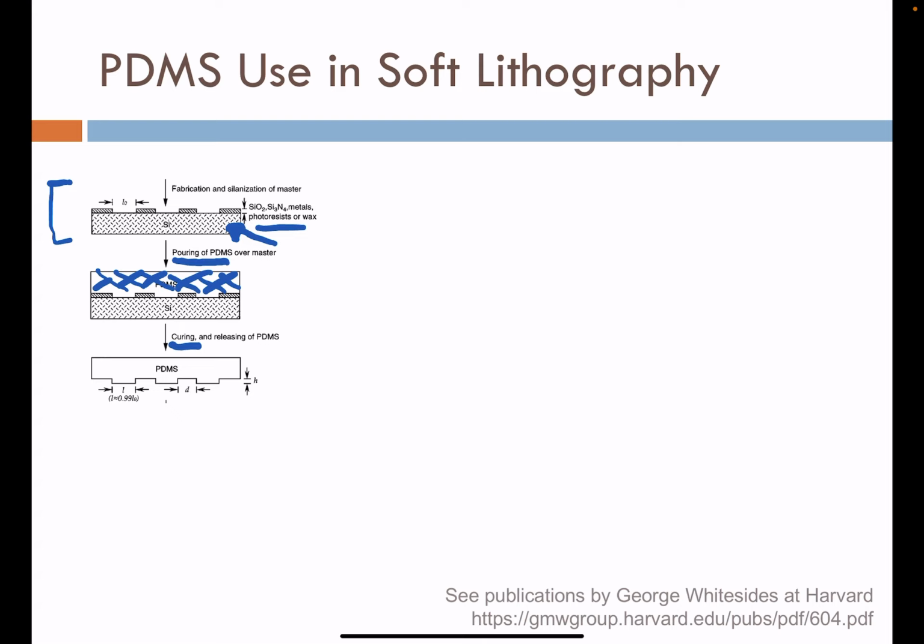So upon releasing of that after cure, we inherit the PDMS structure that has the anti-surface properties, or the opposite topography of the mold. And this is the sort of set PDMS-based silicone that can be used for soft lithography.